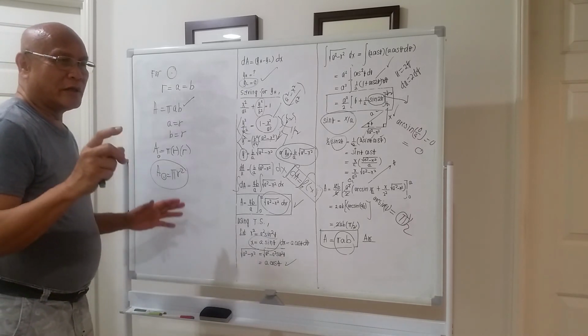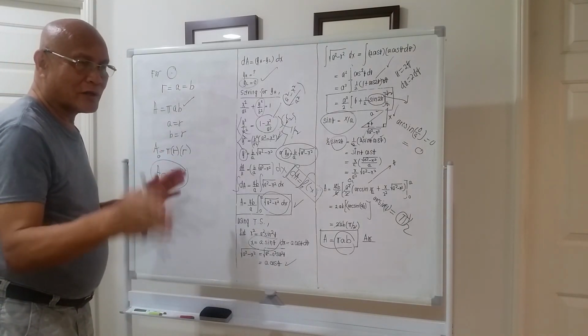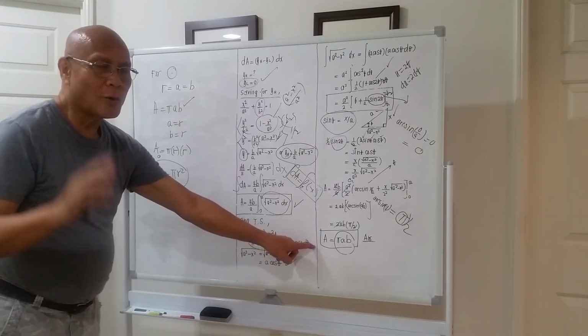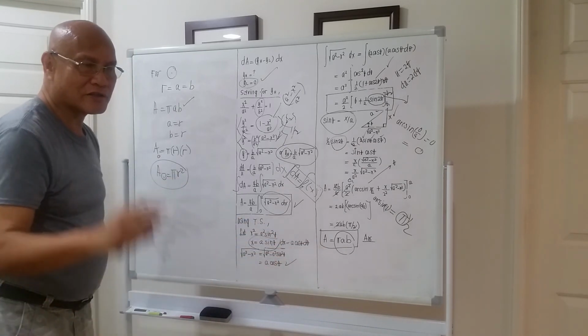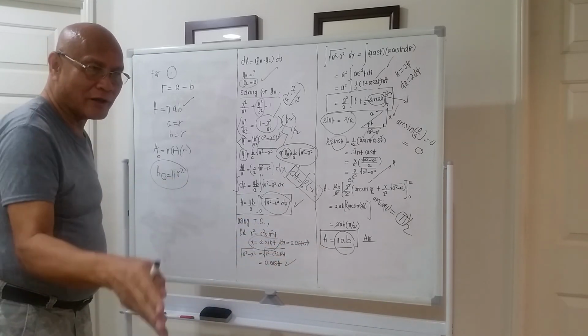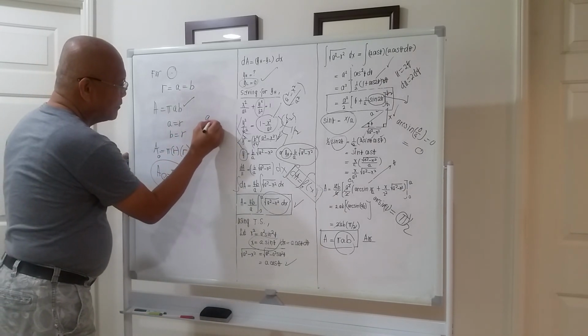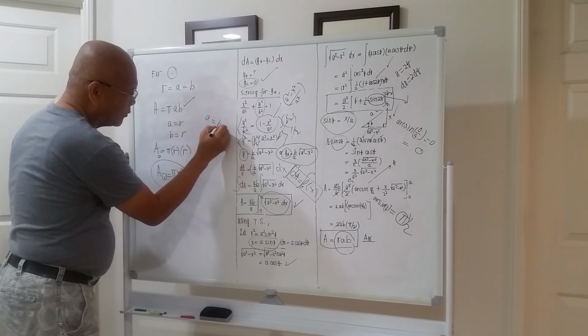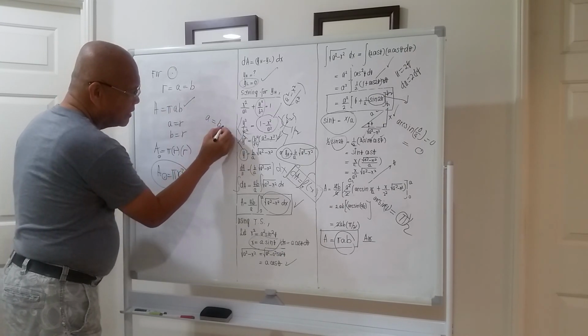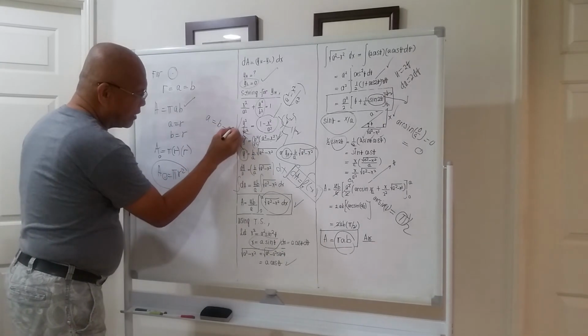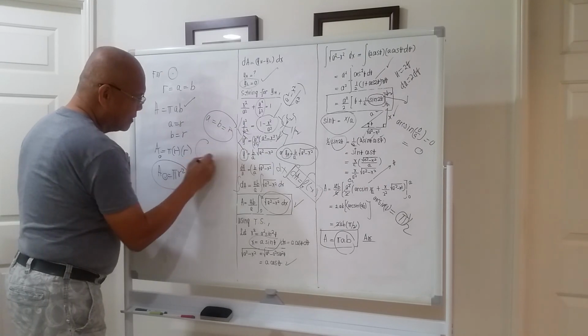So the formula for taking the area of a circle emanates from the area of an ellipse, because a circle is a special case of an ellipse. That is, when the value of the major axis is equal to the value of the minor axis, and this will be equivalent to R for a circle.